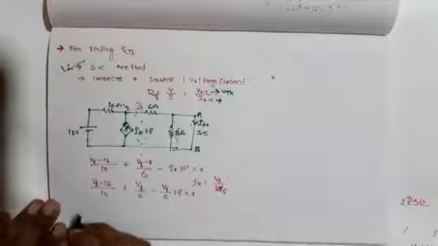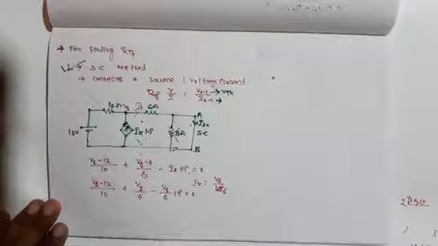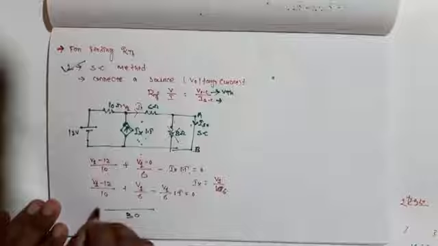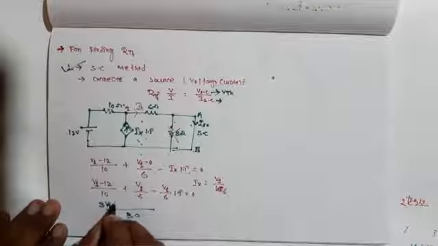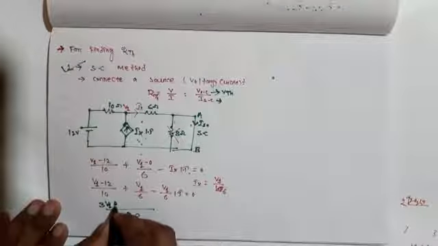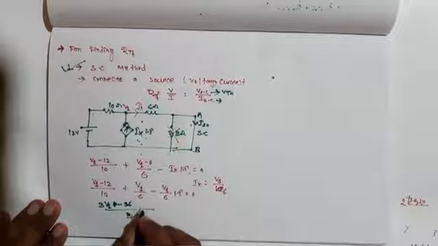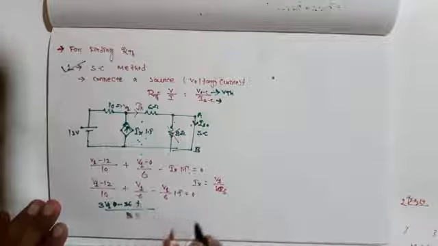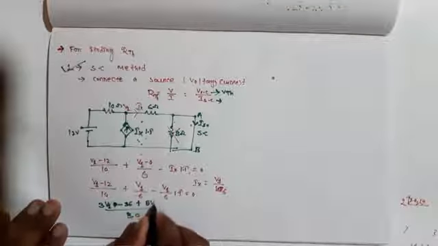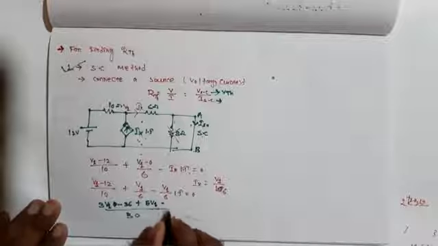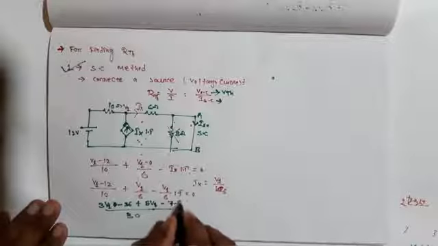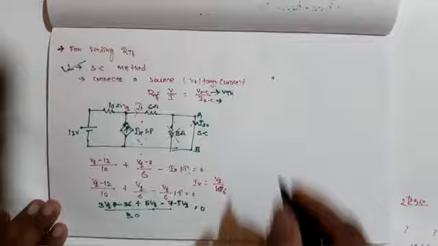Let's start. Take the LCM, which is 30. So this is 3 V1 minus 36 plus 5 V1 minus 5 into 1.5, this is 7.5 V1, is equal to 0.